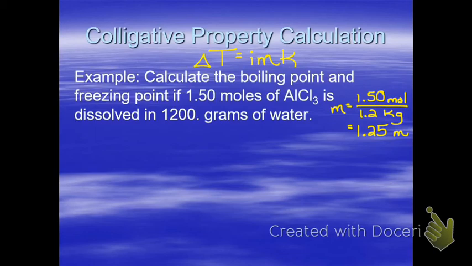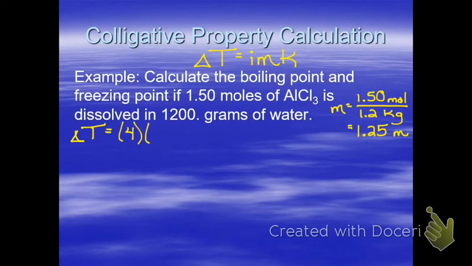All right, so let's calculate how much the boiling point is going to go up. So delta T is my unknown. Little i is how many particles this solute will break down into. Aluminum chloride is going to break down into 4 particles. If you look at your chart in your notes, water is our solvent.